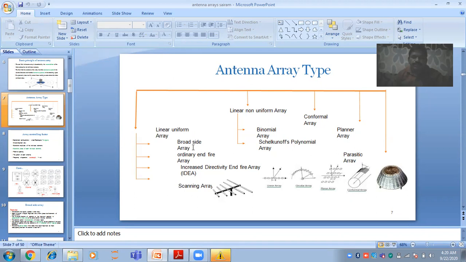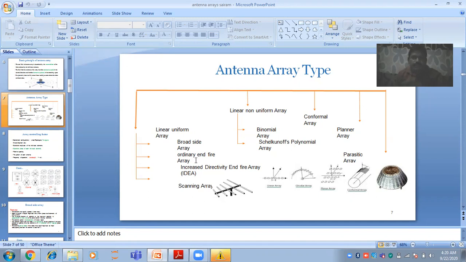Broadside means perpendicular side. Similarly, if the radiation pattern of an array is falling along the ends of the array line, that is called end-fire array. So that also we have seen yesterday, what is called broadside array and what is called end-fire array.